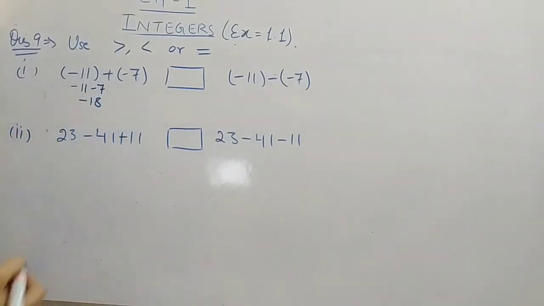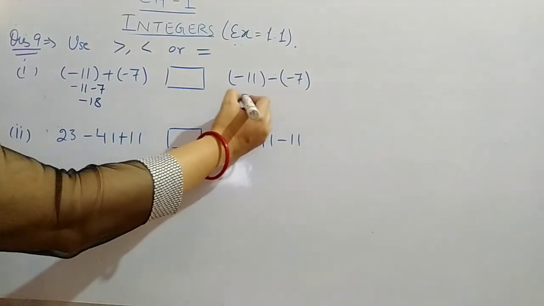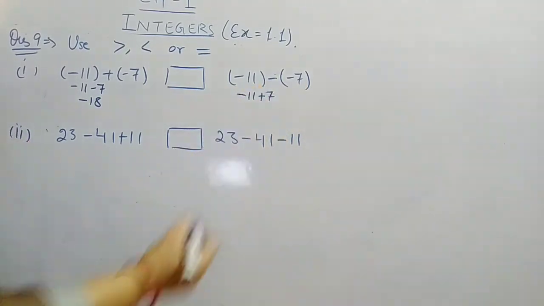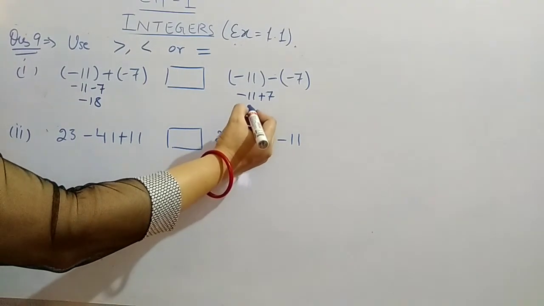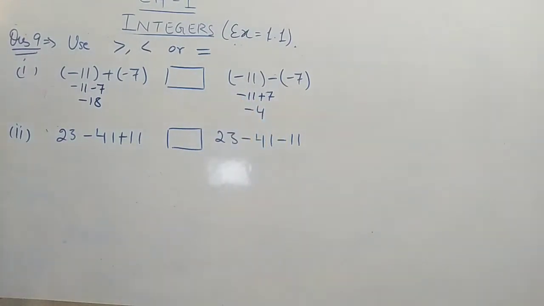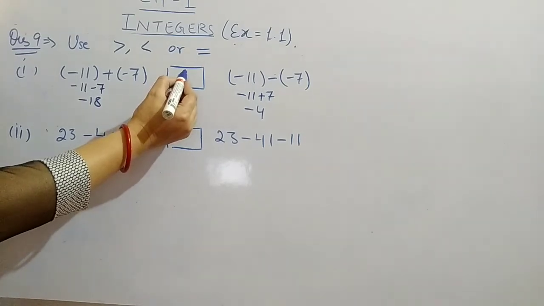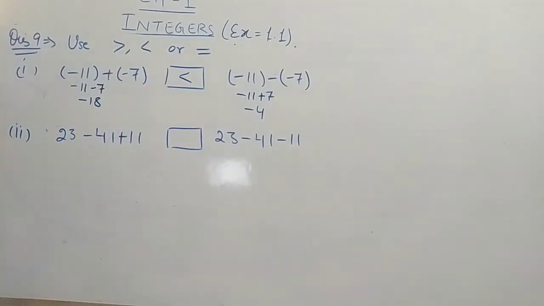Now we will check right side. Minus 11 and this minus minus will become plus, plus 7. Minus 11 plus 7 is minus 4. So which is greater? Minus 18 or minus 4. So imagine number line in your mind and you will see minus 4 will be the right side. So it means minus 4 is greater number here.